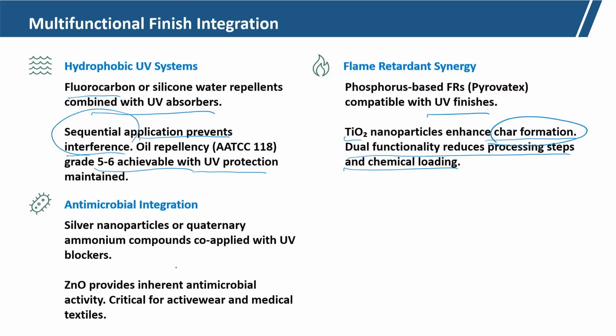And if we use zinc oxide, ZnO provides inherent antimicrobial characteristics, and at the same time ZnO acts as a UV blocker. So, if we apply ZnO, it can have dual functionality, which is critical for active wear and medical textiles. So, ZnO can be used.